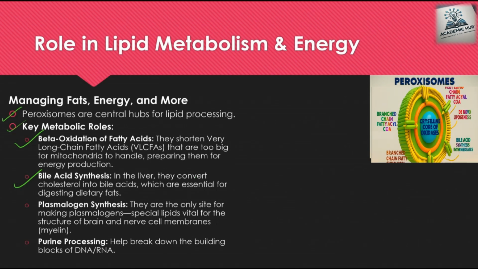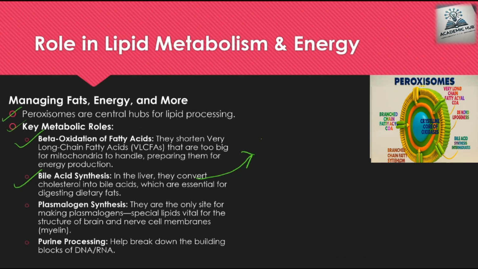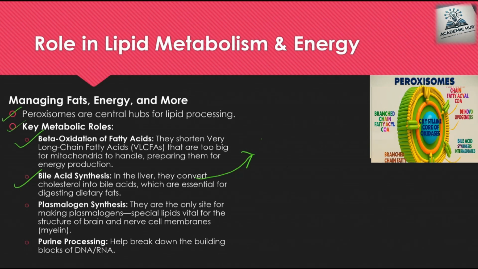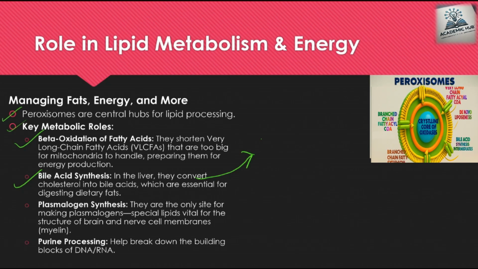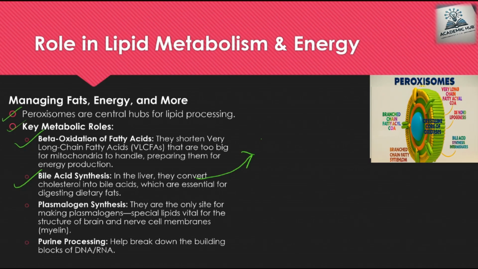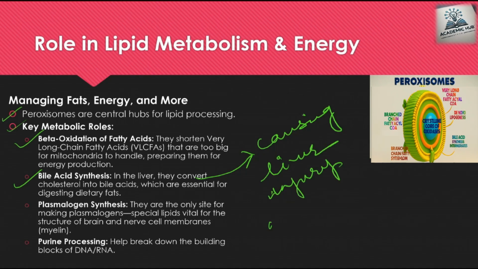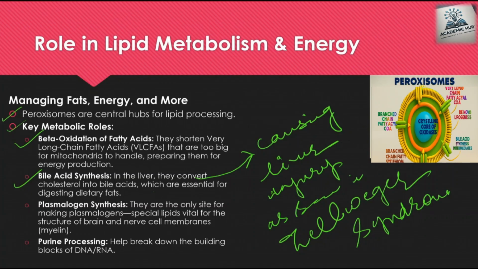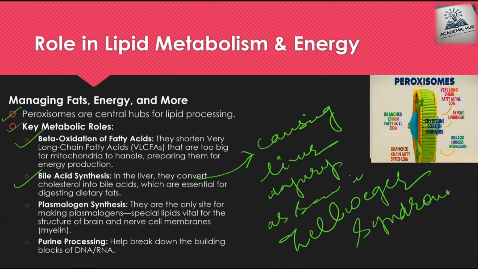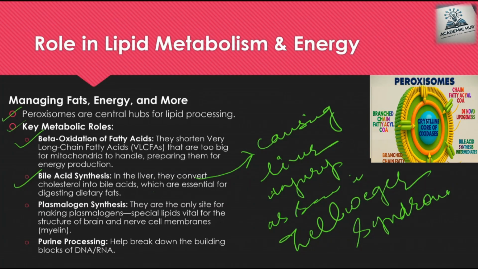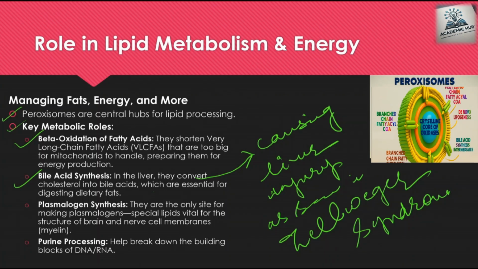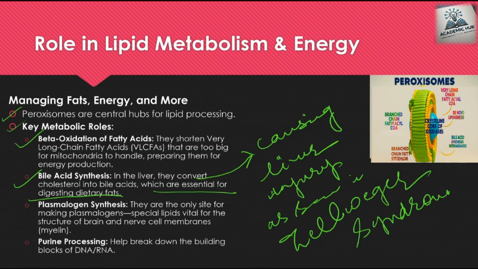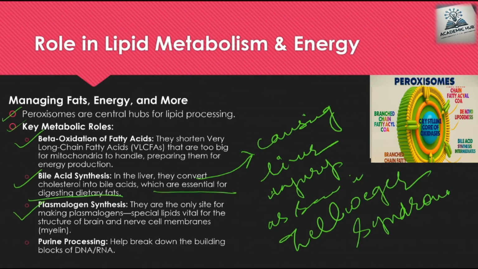If any defect occurs in this process, it can lead to the accumulation of toxic intermediates, disrupting fat absorption and causing liver injury, as seen in Zellweger syndrome. So this is how bile acid synthesis works, converting cholesterol into bile acids which are essential for digesting dietary fats. Next is plasmalogen synthesis.